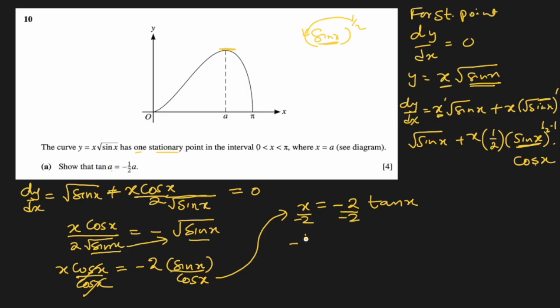So we get minus 1 over 2 x equal to tan x. So when x is equal to a, it becomes tan a equal to minus half a. That's what they wanted us to show.